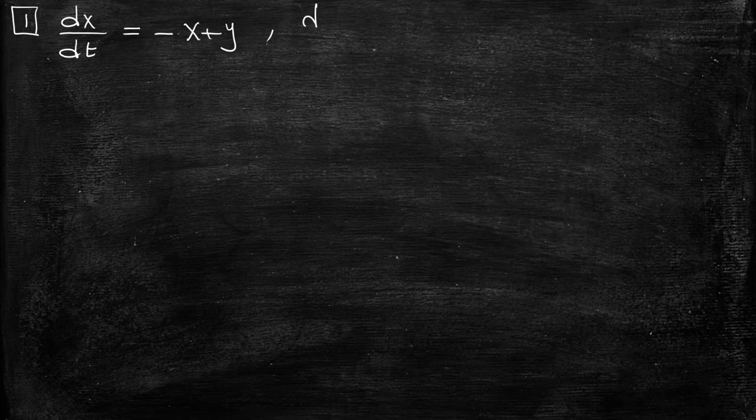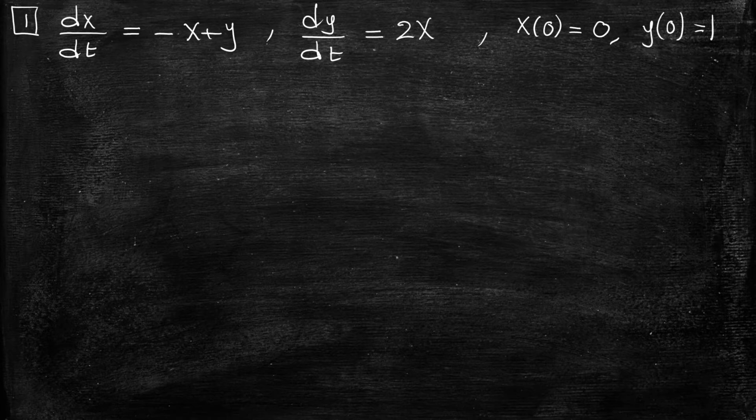Let's repeat what we did before. We have the equation dx by dt equal to minus x plus y, and another differential equation dy by dt equal to x. The initial conditions are x at t equal to 0 equal to 0, and y at t equal to 0 equal to 1.